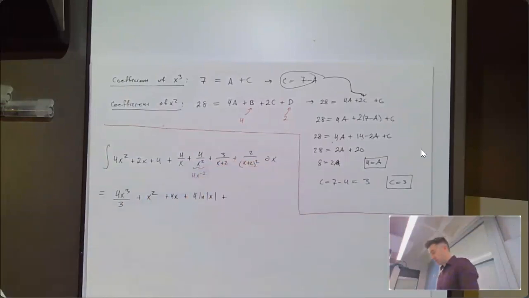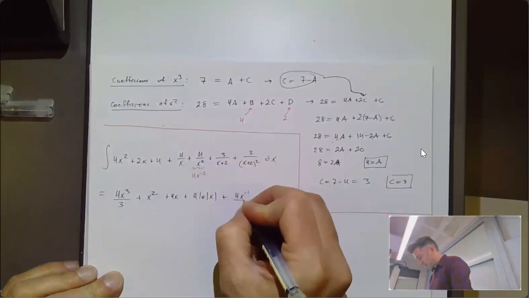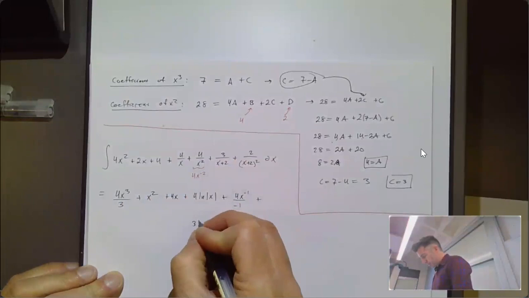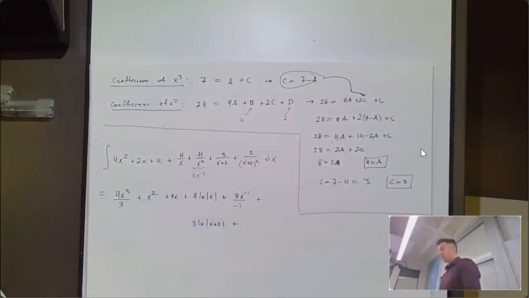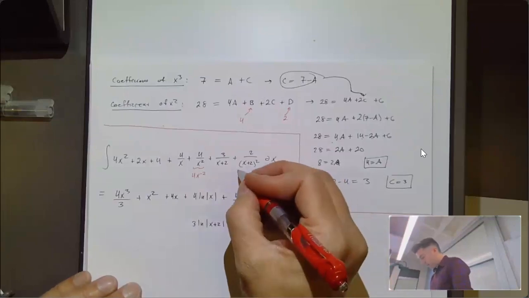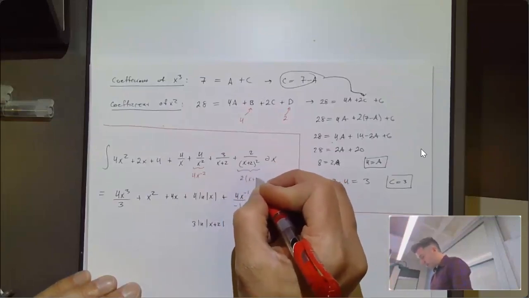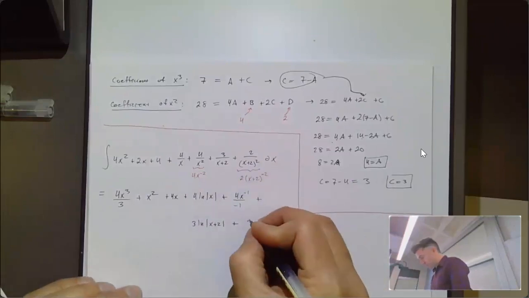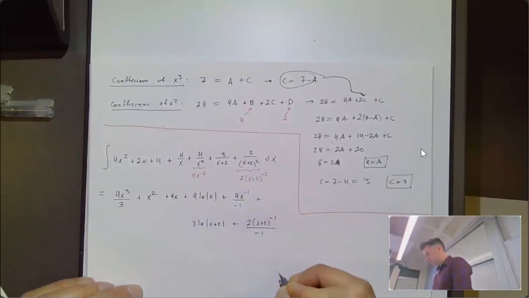So the integral is going to be 4x to the negative first over negative 1, plus 3 times the natural log of the absolute value of x plus 2, plus, same idea. Here, I would really encourage everyone to think of this as 2 times (x plus 2) to the negative second, and the antiderivative of that is going to be 2 times (x plus 2) to the negative first over negative 1.